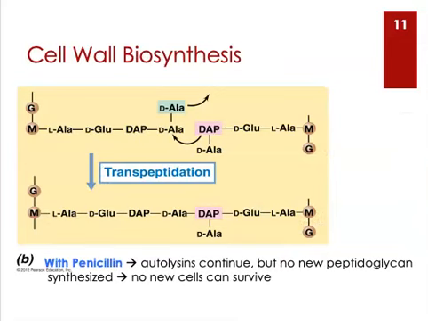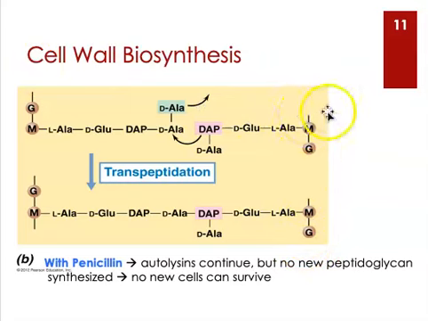Now there's one more important process that has to happen. When we insert the new NAG and NAM in there, we have to build new cross bridges. And that's a process that gets a name. It's called transpeptidation. So in this drawing, what they're showing us is the NAG and NAM strands are running this way. Here's another one over here running this way.